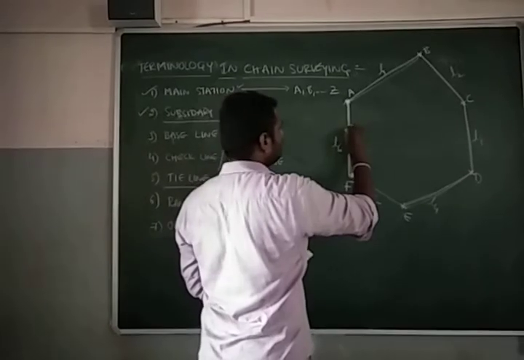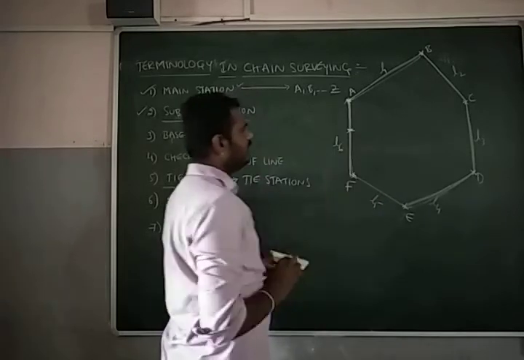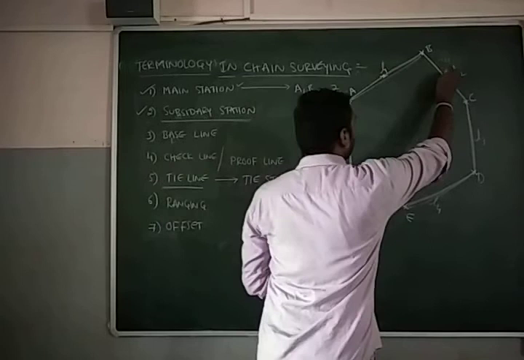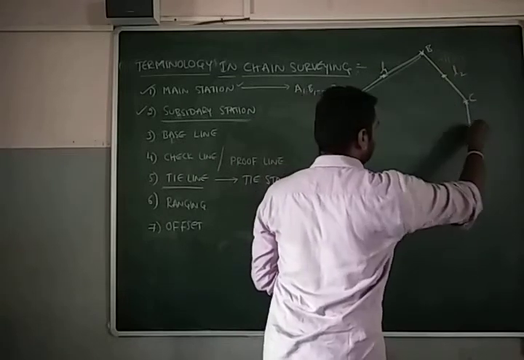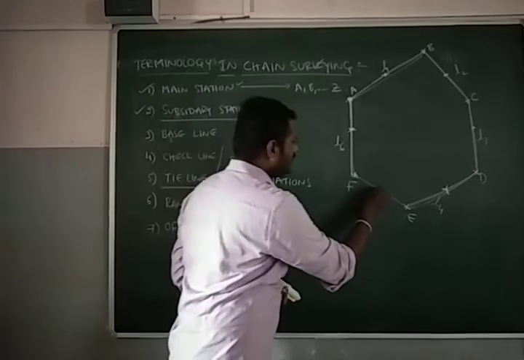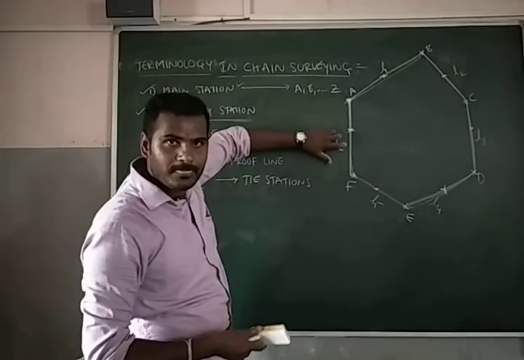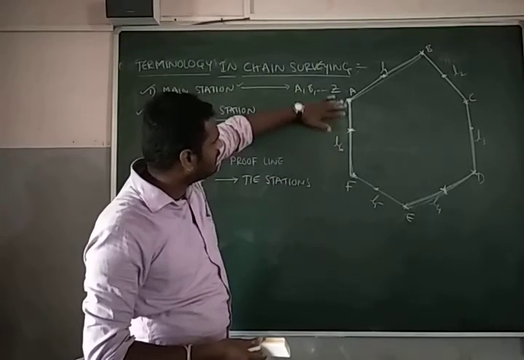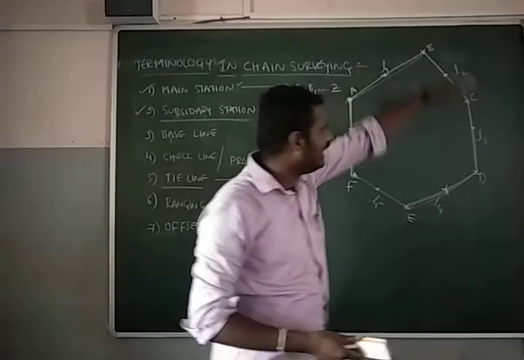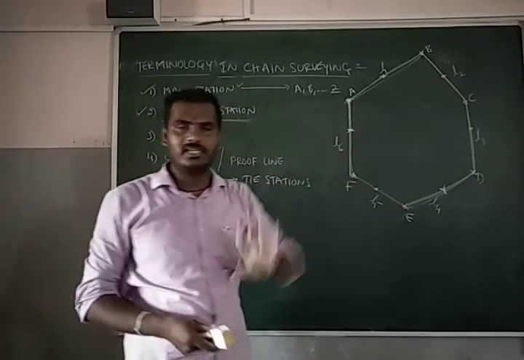Suppose I take a subsidiary station over here, and another subsidiary station, another, and another. All these subsidiary stations are located not exactly at the middle but at any point in between main stations, in between AF, in between AB, like this. We call these stations subsidiary stations.